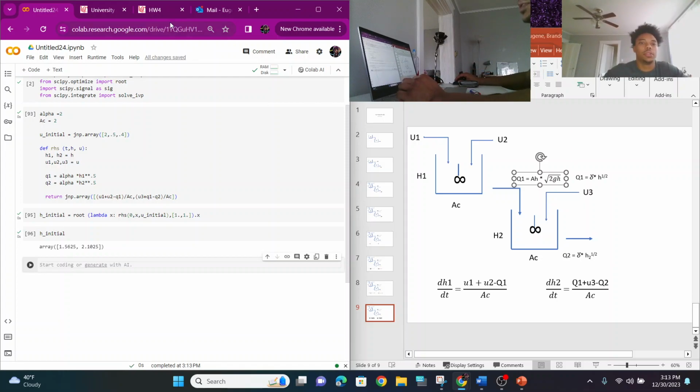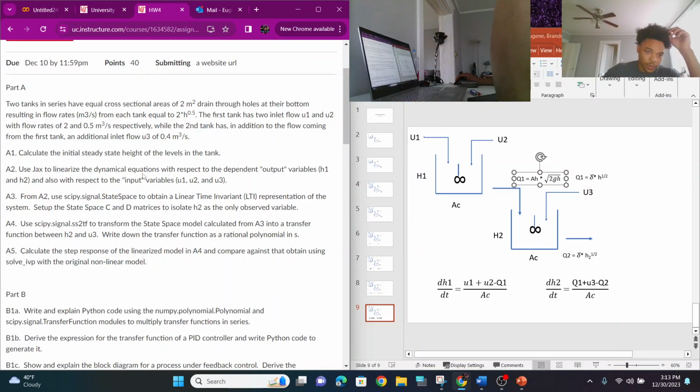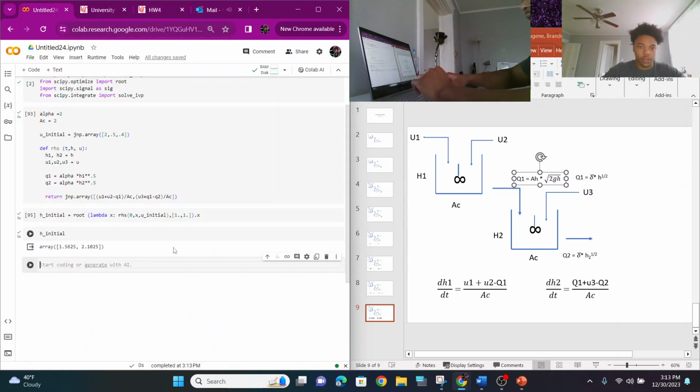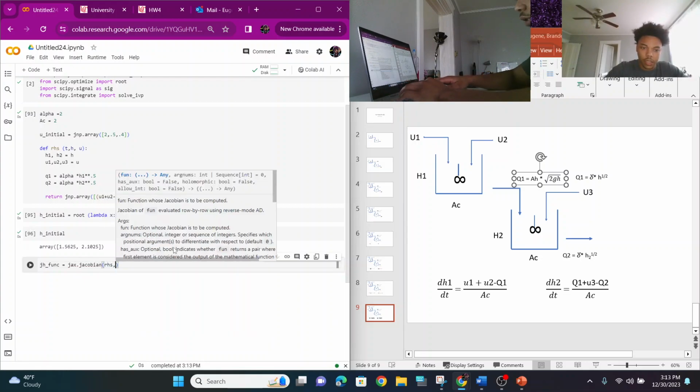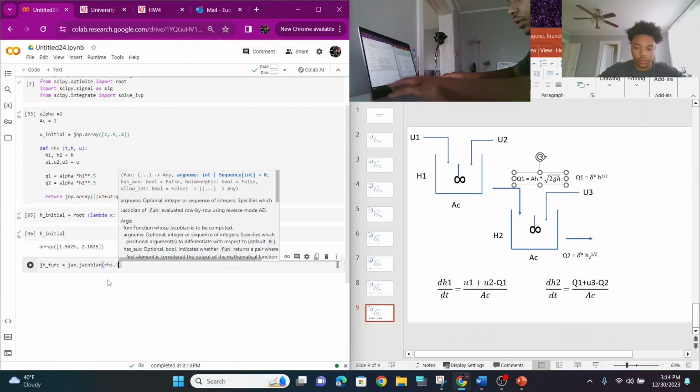And next for homework number 2, we're going to put each of our data sets into a JAX linearized dynamical equation, which is why we're using jnp instead of just regular np. To do that, we're going to use our jh. So we're going to do height first, and that is going to be equal to jax.jacobian of the right-hand side. Our variable is number 1, analogically, so that's 0, 1, 2: t is 0, h is 1, and u is 2. So for the right-hand side, I'm going to put 1.